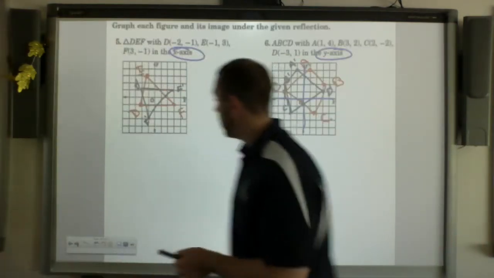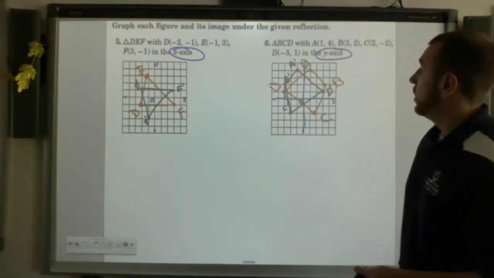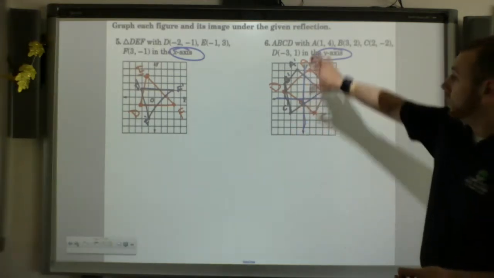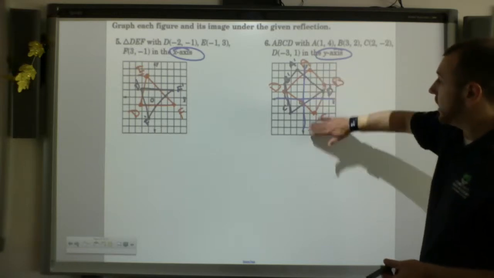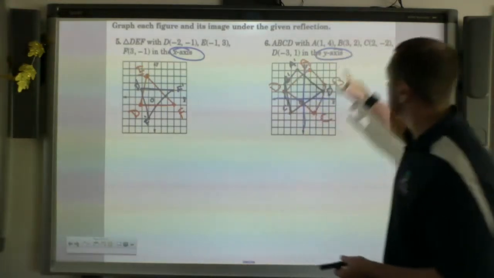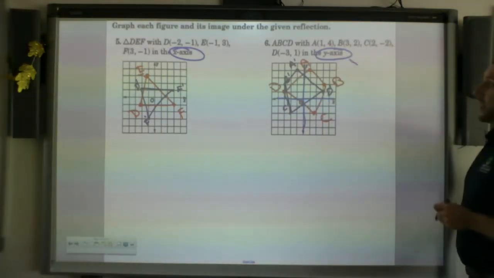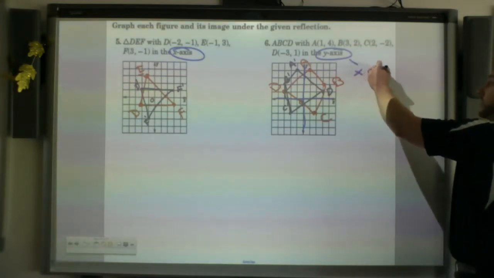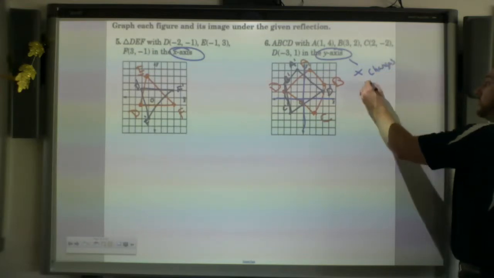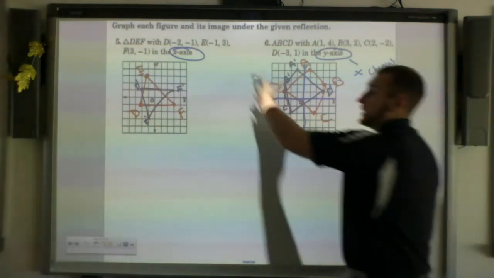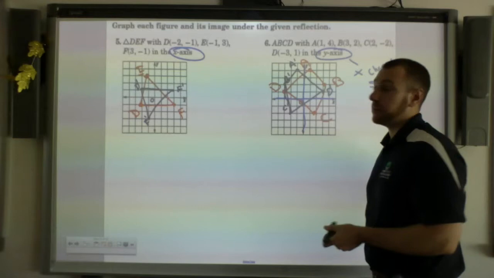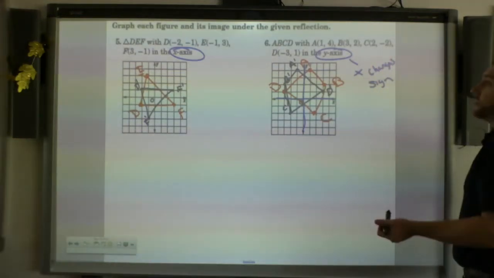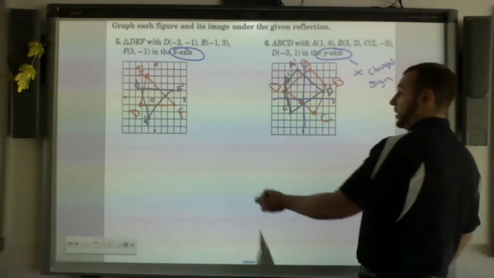While in the y-axis, these reflect over this right here. So for this y-axis piece, all I do is change x, x changes signs. This one is the same as the previous example. You just have to find the points. So if I'm reflecting over the y-axis, x is going to change signs.